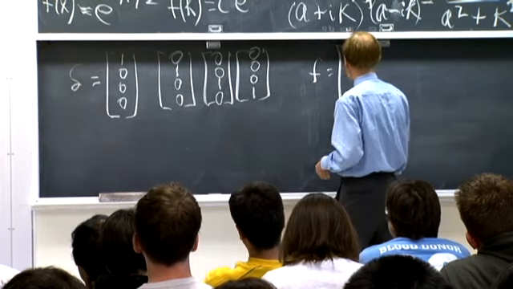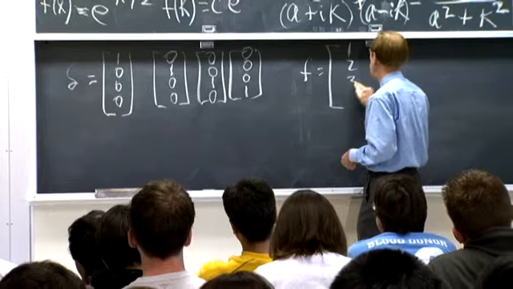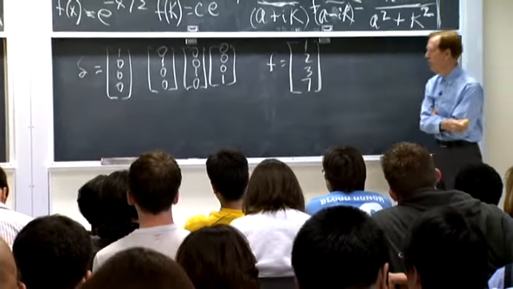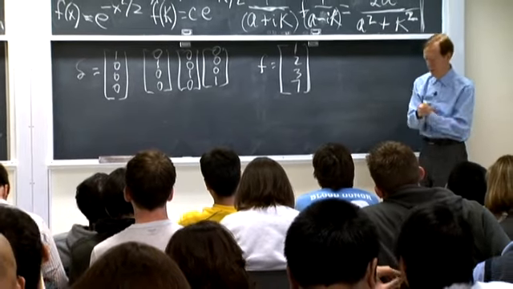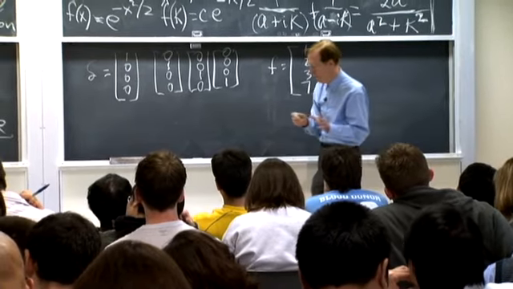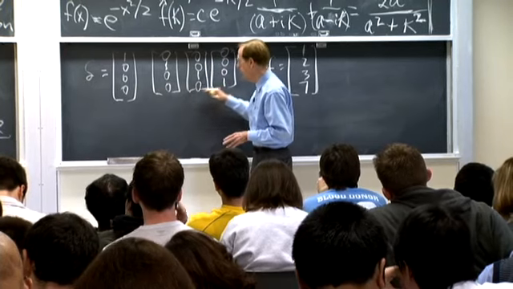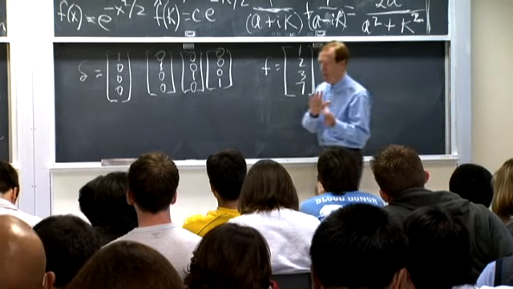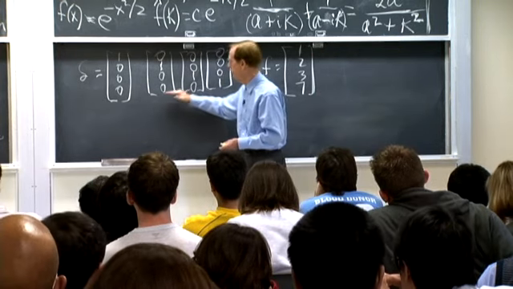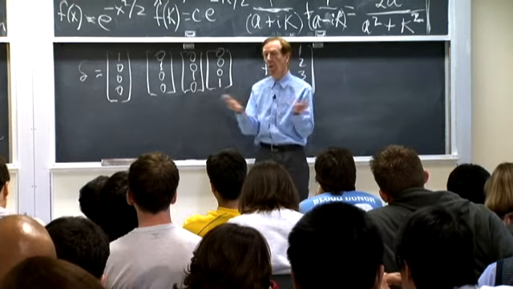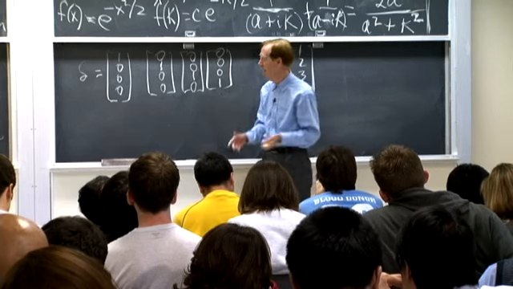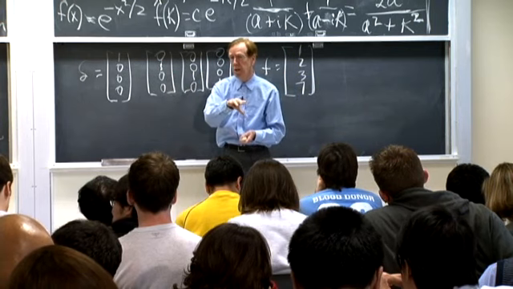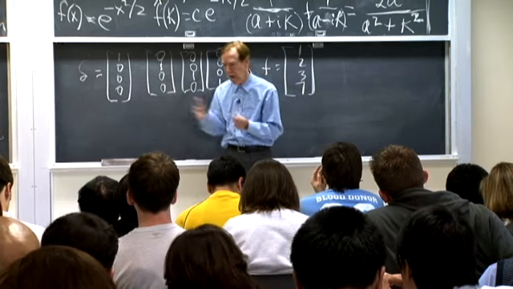Now suppose my right-hand side, my f, is 1, 2, 3, 7. I want to write that as a combination of those deltas. If I know the solution for each of these, the Green's function, the inverse matrix, everybody sees that if I know the solution to those four, I know the inverse matrix, right? Because if I can solve with those four right-hand sides, those four solutions are the columns of the inverse matrix.